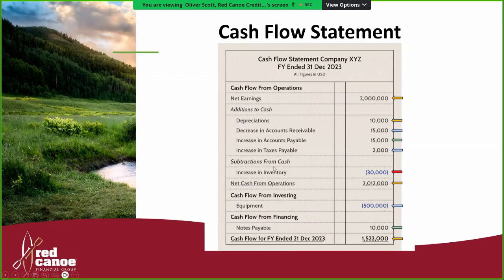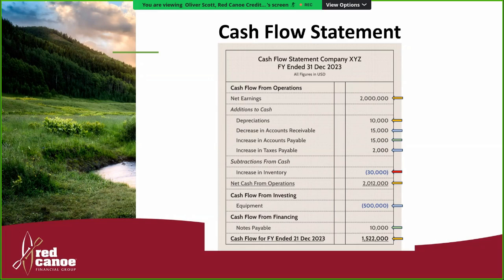And don't forget that if your accounts receivable have increased, you have incurred costs that you haven't been paid for yet, so that is a decrease in your cash as well, right?